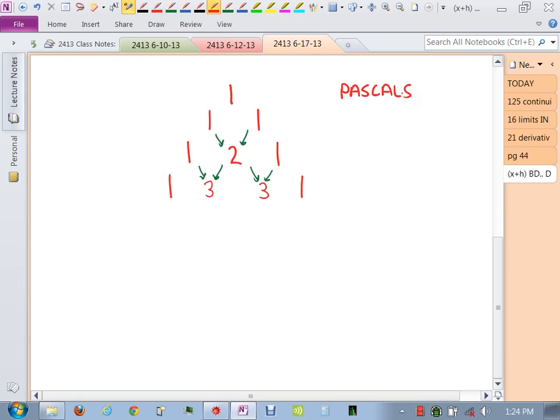So I need 1s on the end. How many numbers in between those? 3. So I get the first number from these 2, the second from these 2, the third from these 2. So it should be 4, 6, 4.